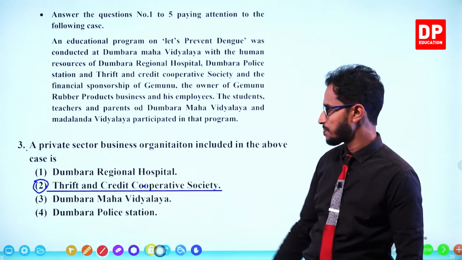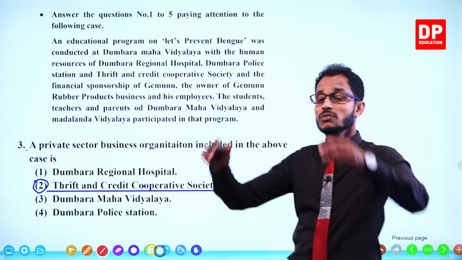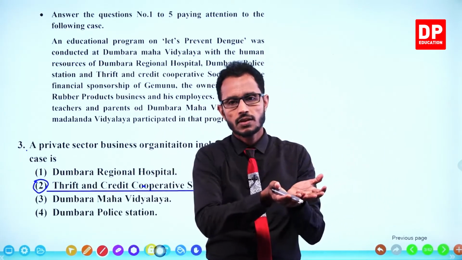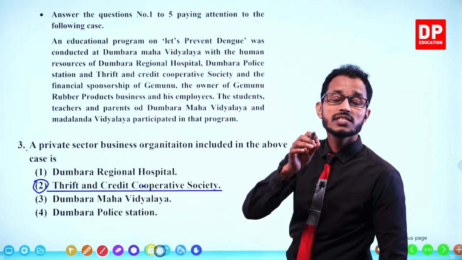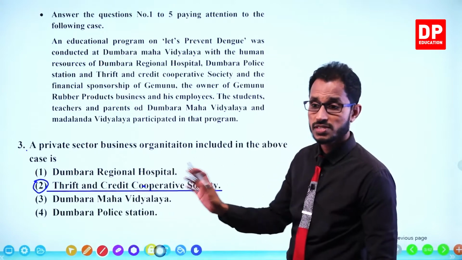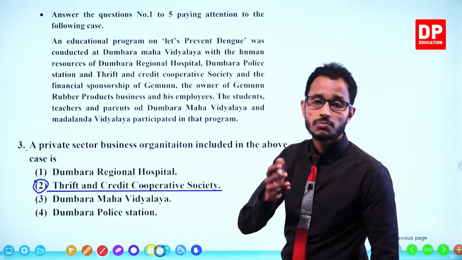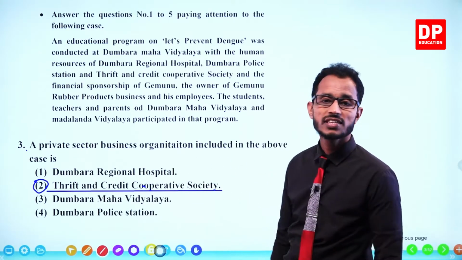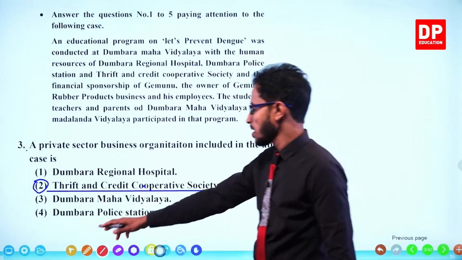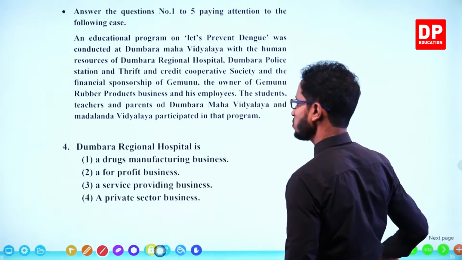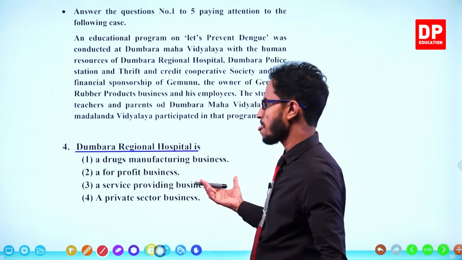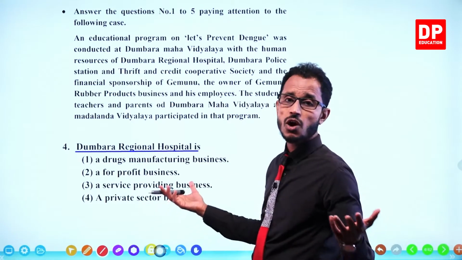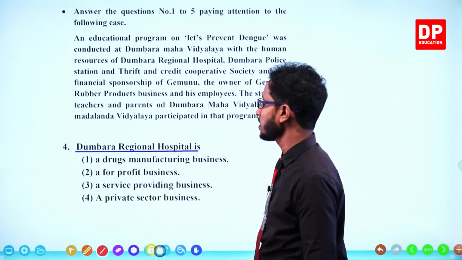This is of course in the private sector. But if you consider the purpose or objective of business organizations, this is a non-profit organization. Dumbara Regional Hospital is also a non-profit organization because it's a government hospital, public sector.